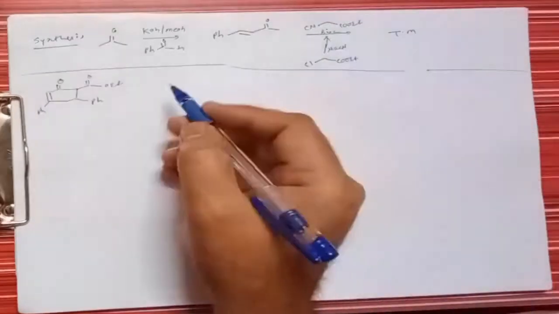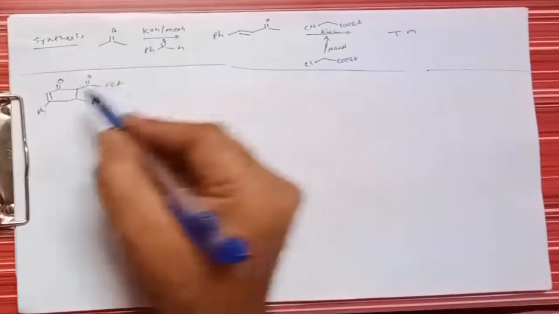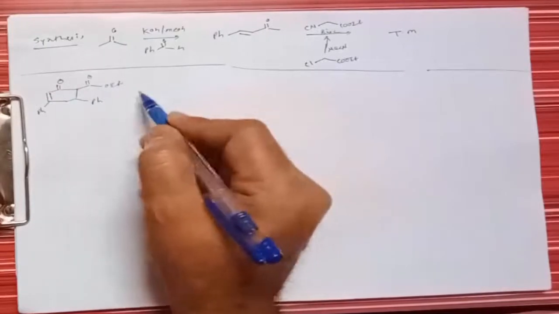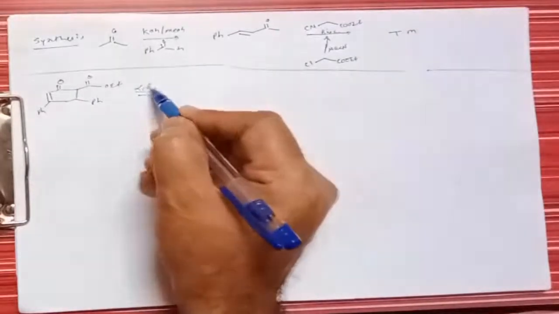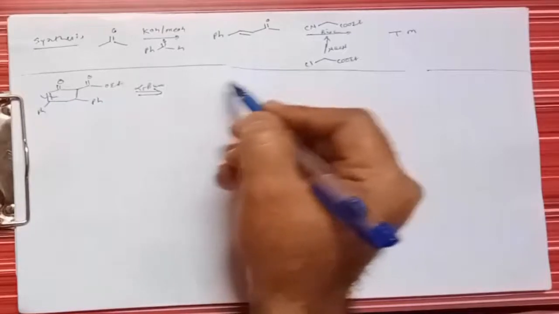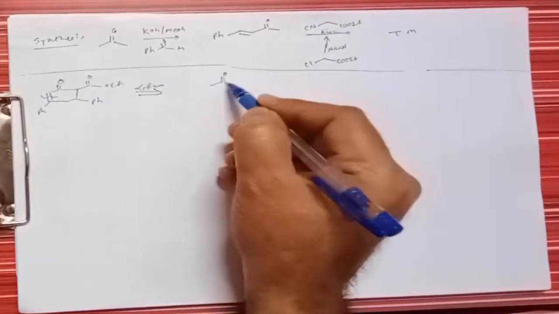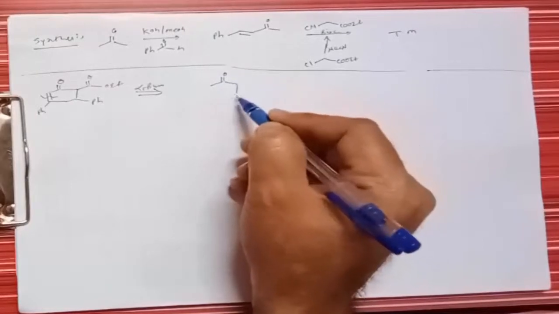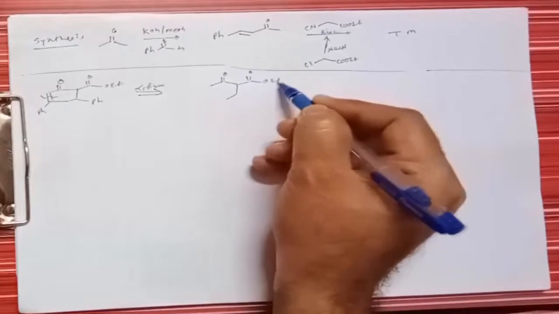Here is another target molecule containing an alpha beta unsaturated ketone as well as a 1,3-dicarbonyl compound. But here we can go for this alpha beta unsaturated ketone, and we can break the bond at this position. If we break the bond at this position, from one side it can use a positive charge, from the other side a negative charge, and it gives a compound like this.